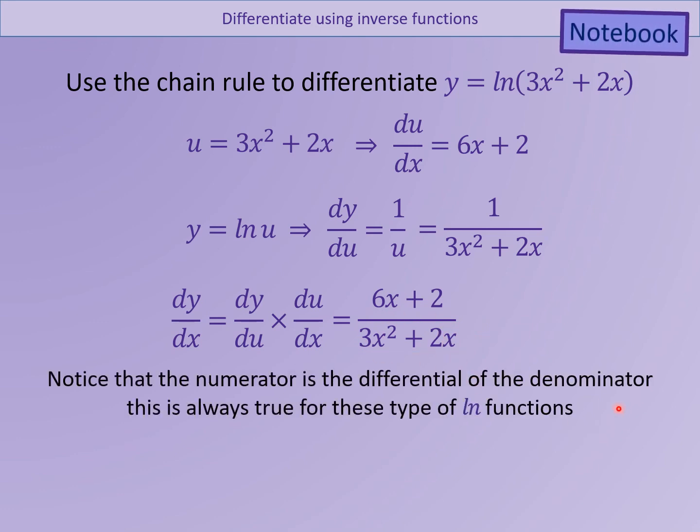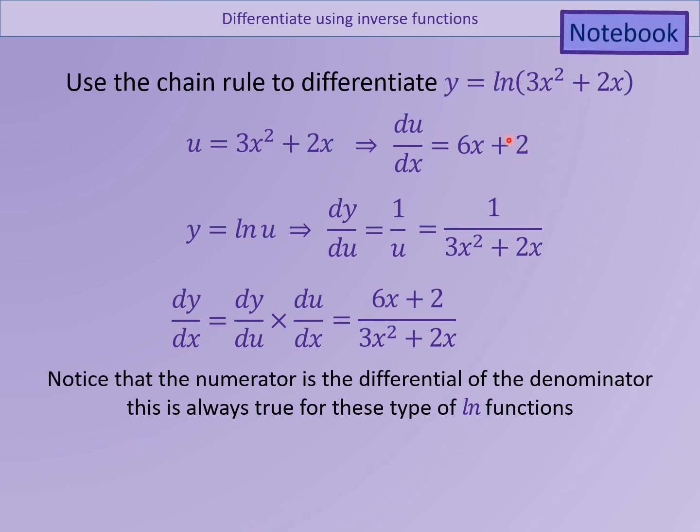Okay, right. The reason you've got this down in your notebooks is that it's an important fact. If you're ever differentiating a ln function using the chain rule, notice that your numerator is always the differentiation of the denominator. So whenever you're differentiating ln of a function, you always end up with the function itself on the bottom, which is always true for the chain rule, the function reappears, and the differentiation of that function on the top.